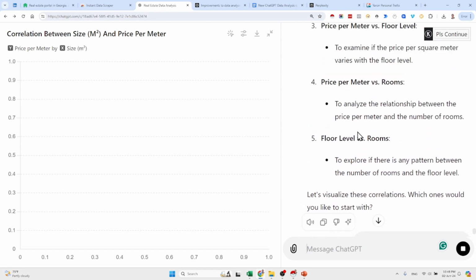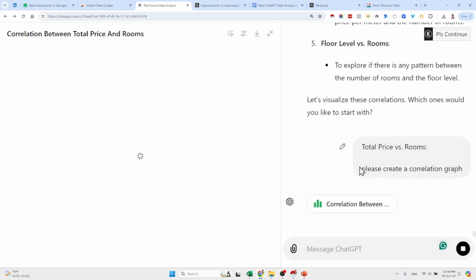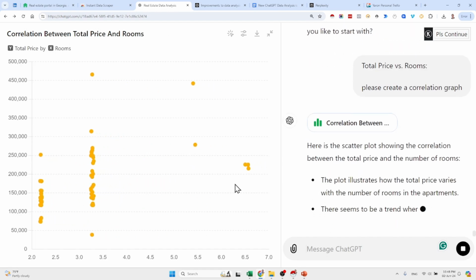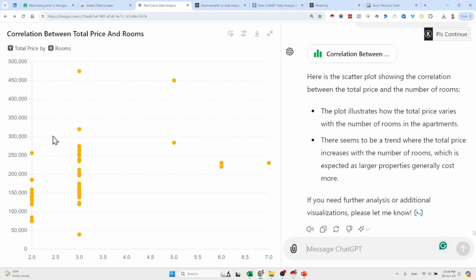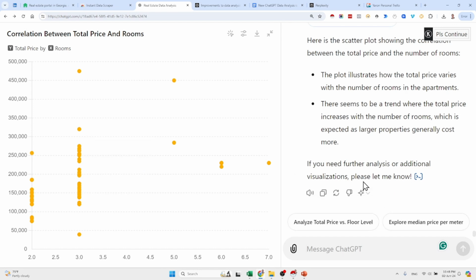And as you saw, ChatGPT also suggests, after it provides, here you can see the correlation. This is amazing. Total price and amount of rooms. As you can see, this is the correlation graph, and it also suggests what can potentially be the follow-up analysis.